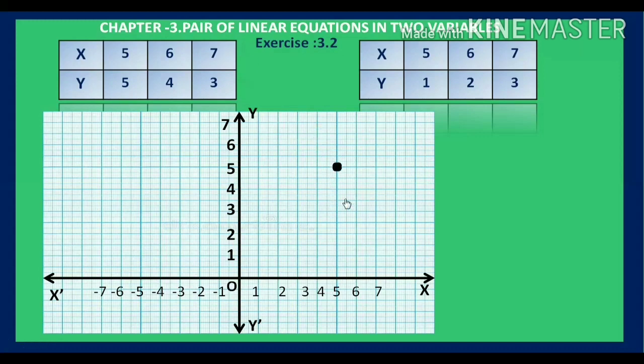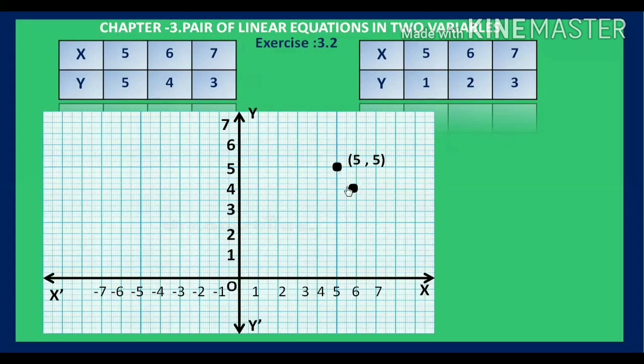We put a point at 5, 5. Next point is 6, 4. So 6 on x and 4 on y. This is the position for the point. So let's put a point at 6, 4.